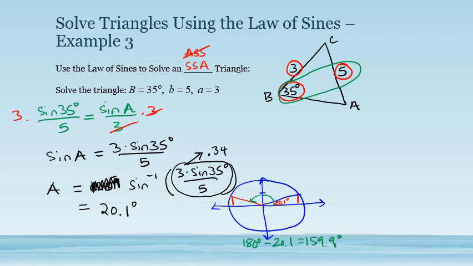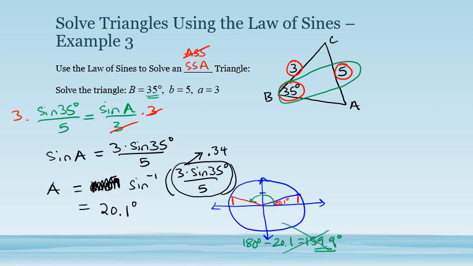That is another angle that would produce a sine of 0.34. Now, is it a possibility in my triangle? Well, if I take 159.9 degrees and I add it to the 35 degrees that was given to me, I have the sum of those two angles that is larger than 180 degrees. And because I know that the sum of the angles in a triangle can't be more than 180, I am going to throw this one out.